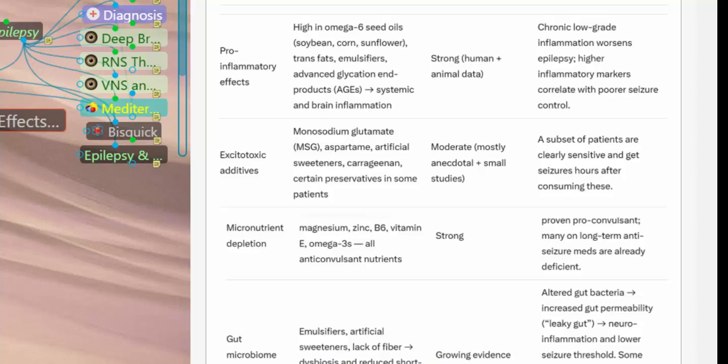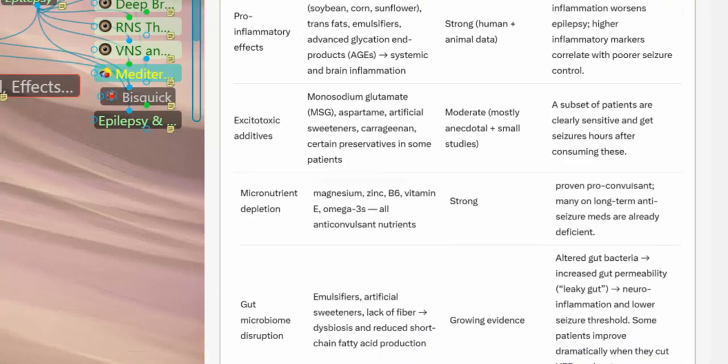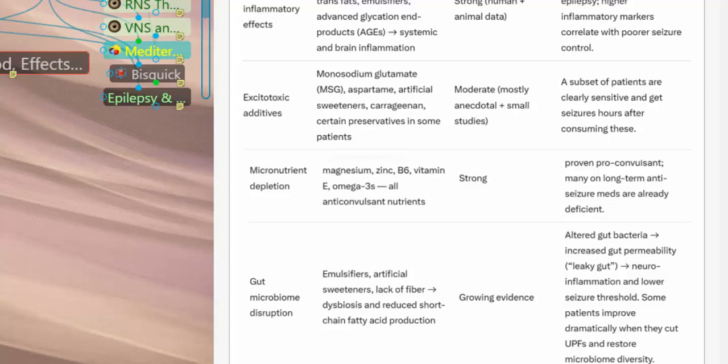Many on long-term anti-seizure medications are already deficient. Then, of course, the gut microbiome disruption. In processed foods, we find emulsifiers, artificial sweeteners. The lack of fiber leads to dysbiosis and reduced short-chain fatty acid production. There's growing evidence about that.